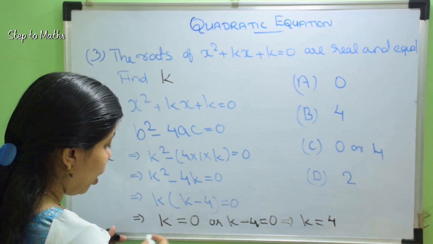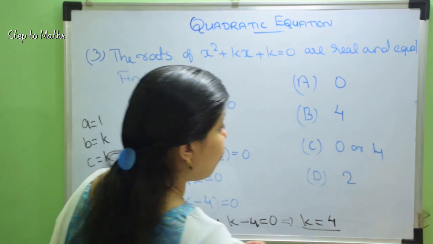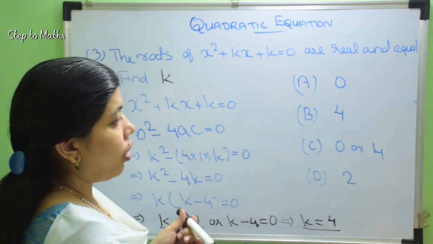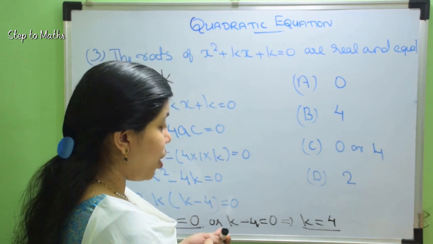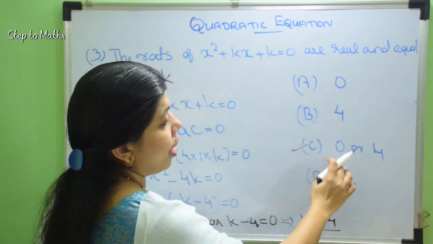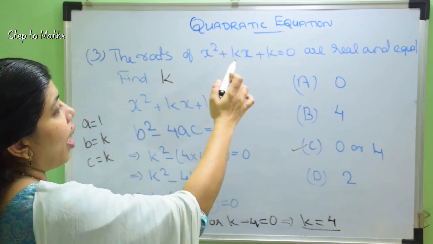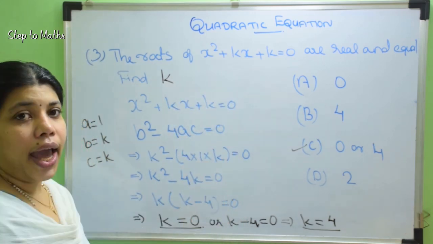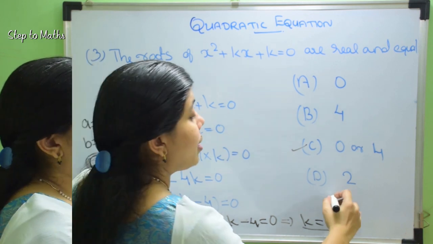That means the value of k is equal to 0 or k equal to 4. From the given options, option C, 0 or 4 are the values of k. Answer is option C.